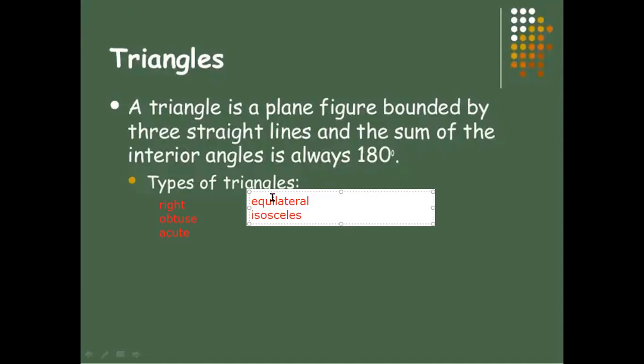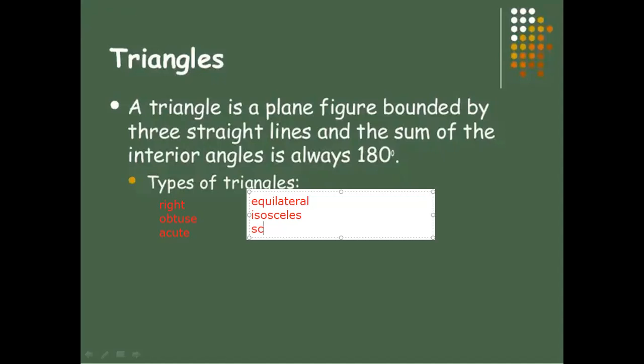And when there are no equal sides, what do you call that triangle? Starts with letter S. Okay, go back to you later. No equal sides.